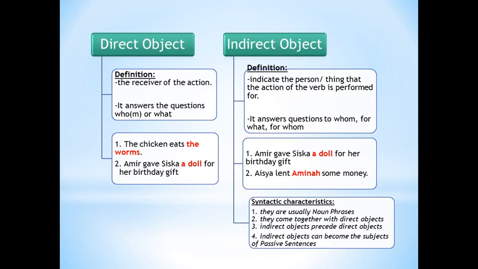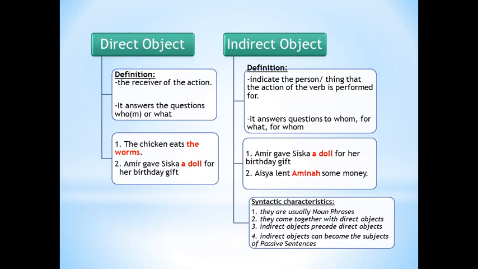And now we come to indirect object. What is indirect object? Indirect object mengindikasikan atau menentukan orang atau barang yang tindakan dari kata kerja untuk apa tindakan dari kata kerja tersebut dilakukan.